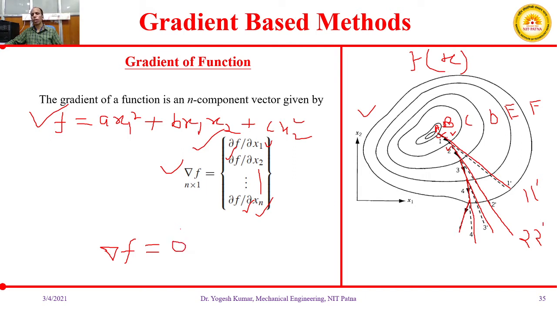Suppose I take the gradient at this point and it has some value, say minus 10, minus 8, because this will be a column vector. This is corresponding to point 1. Suppose we have a value at point 2, so this may be 20.